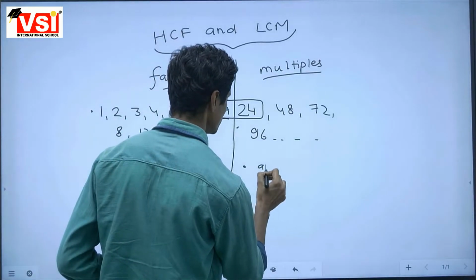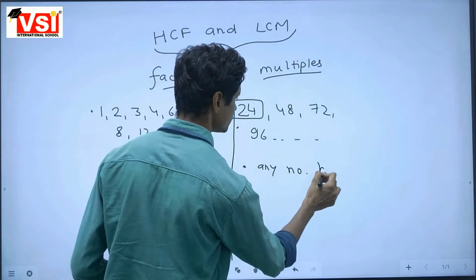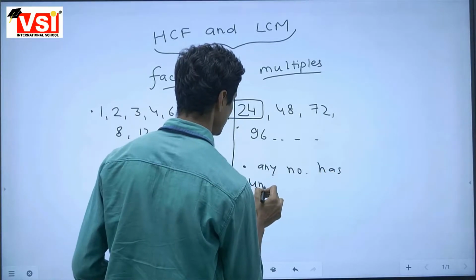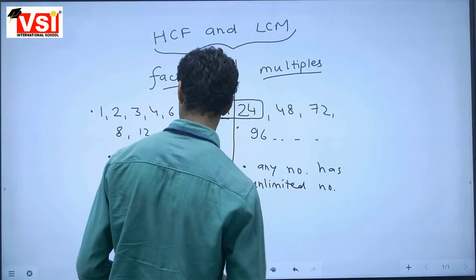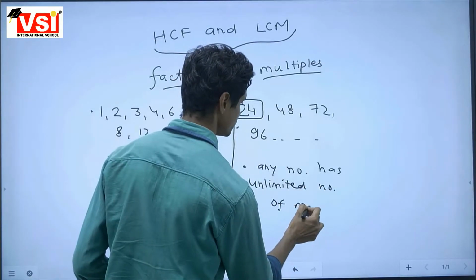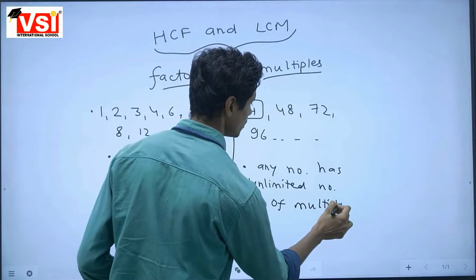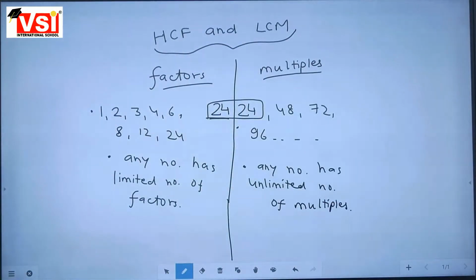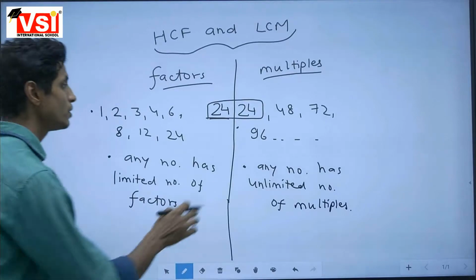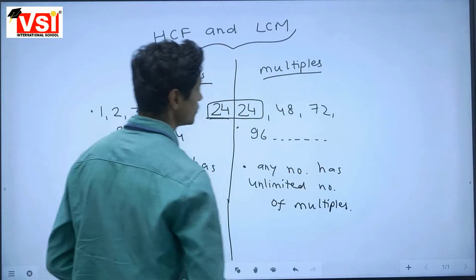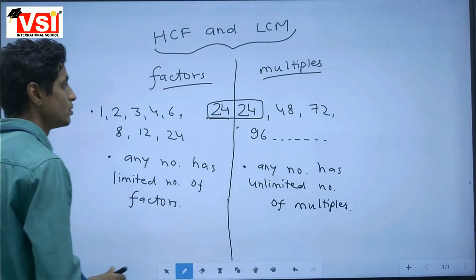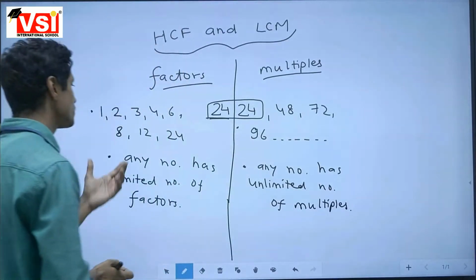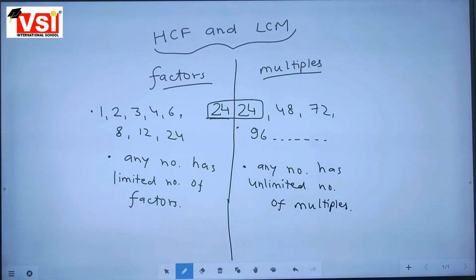And on the other hand, any number has an unlimited number of multiples, because we know the table will never end. 24, 48, 72, 96, 120, 144, like this, 168. It will go on forever. And factors we can find, a few factors of any number, right?